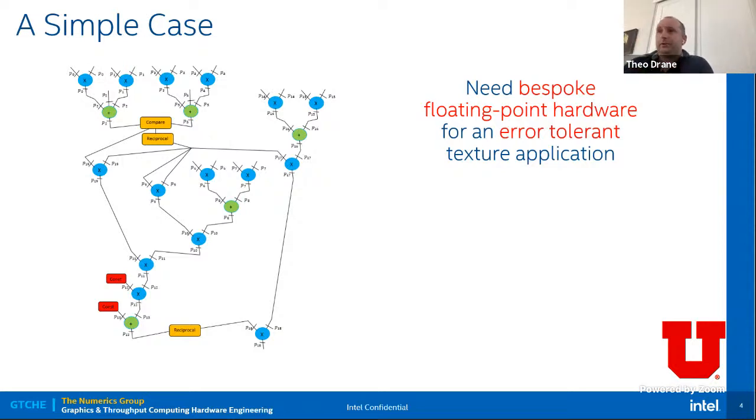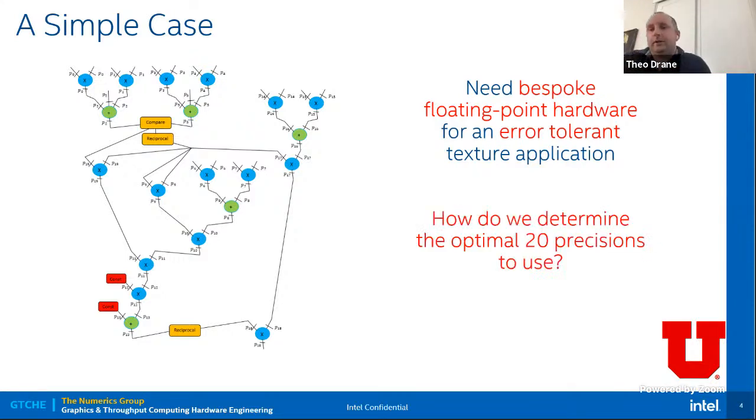So here's a simple case that's been discussed in some ways. If we had a bespoke piece of floating point hardware for something very error tolerant like texture, we would have some kind of data flow graph, and we can literally ask how I determine the precisions.